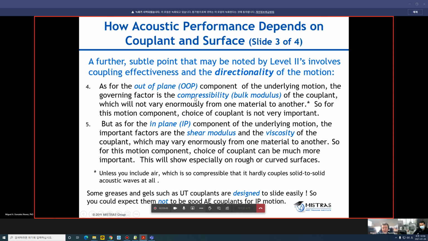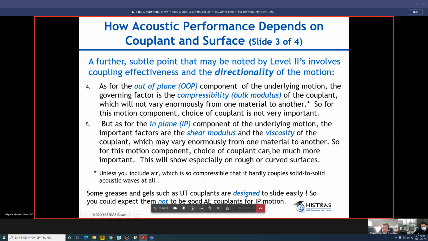So for this motion component, the choice of coupling is not very important. But when you are trying to detect the in-plane motion or the in-plane component, the important factors are the shear modulus and the viscosity of the coupler, which may vary enormously from one material to another.